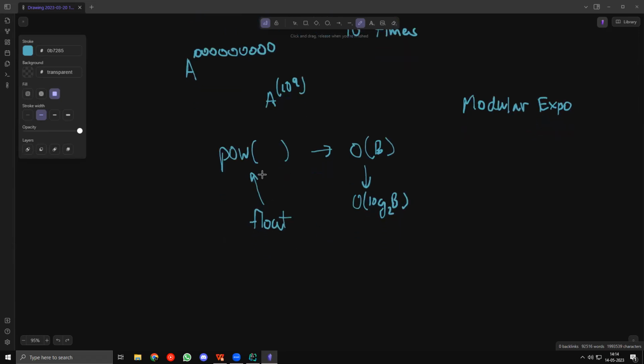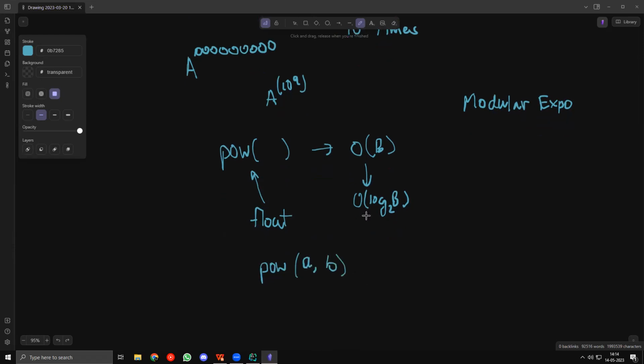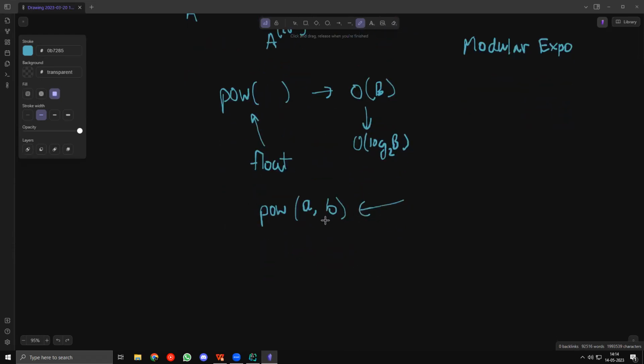There are two things that happen when you take the power of a comma b. This takes O of b time. It converts a and b to floats, and then it gives you a to the power of b as a float as well.